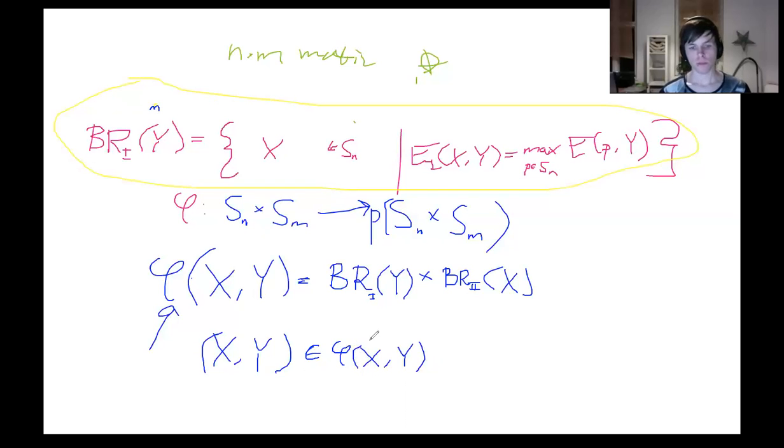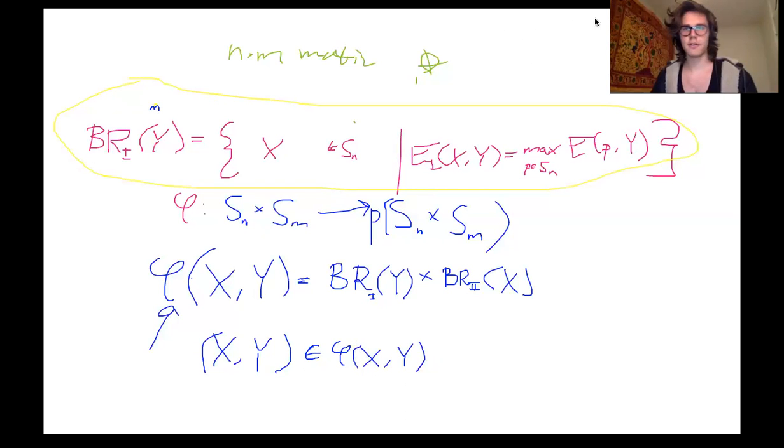So if x, let's call them something else here, let's call them x star. If x star is contained in the output of the best response for player y's response to player 1 playing the strategy x star.